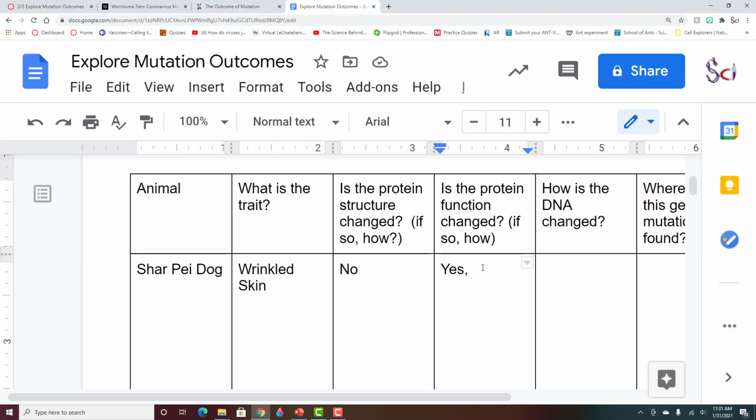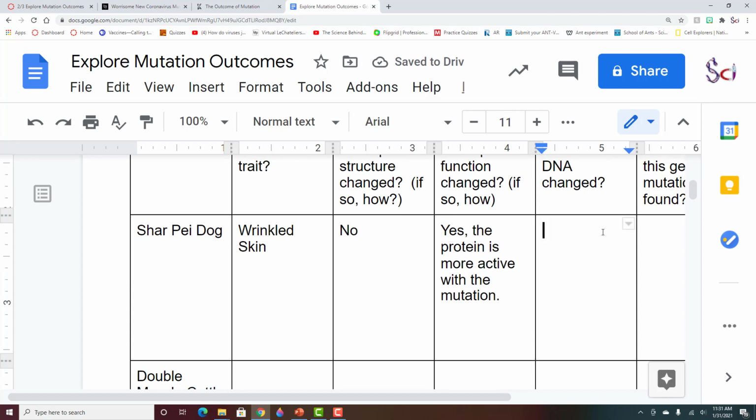So yes, the protein is more active with the mutation. Okay, so more of that protein is made. How is the DNA changed? Well, there is an extra on switch encoded in the DNA. Okay, so just a description of how the DNA changed.